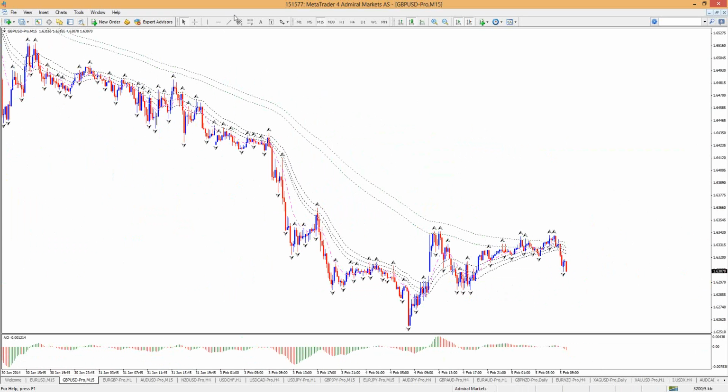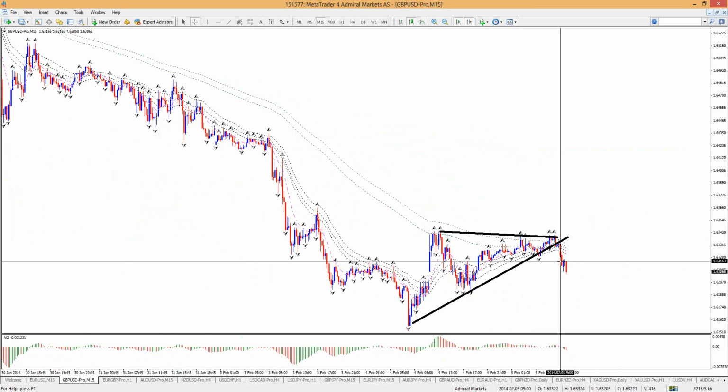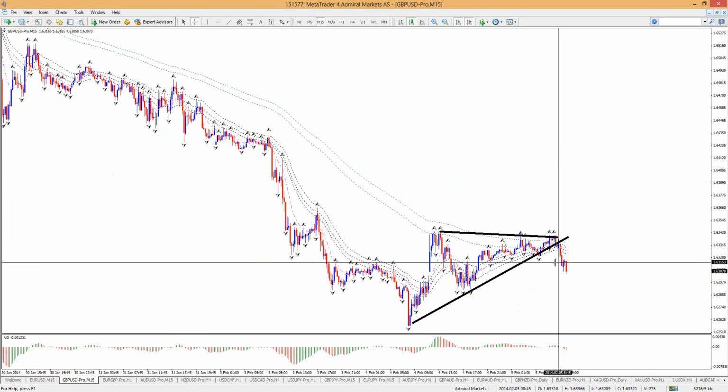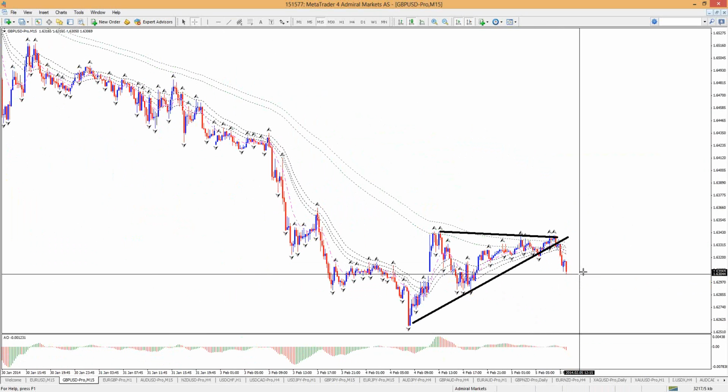In the meantime, though, we're getting a break of this trend line. Also a type of triangle, a bit funky looking triangle, but still, we got the break earlier this morning. So I'm not sure if anyone caught that break or took that break. We do have a pound news later today, so that could cool down the down move.